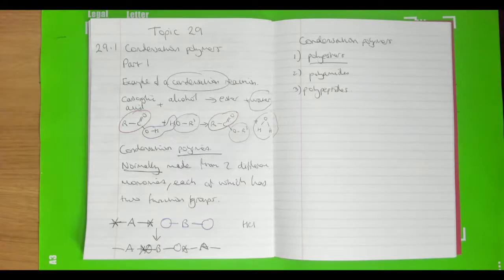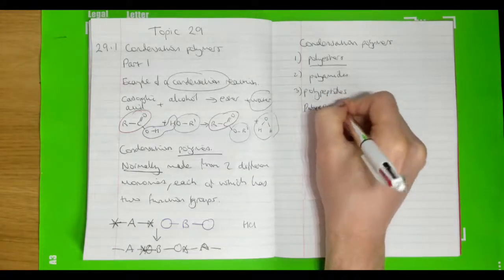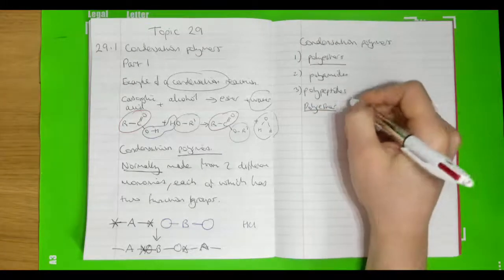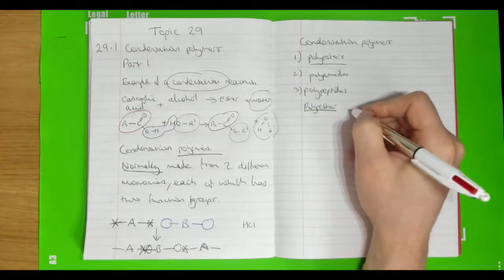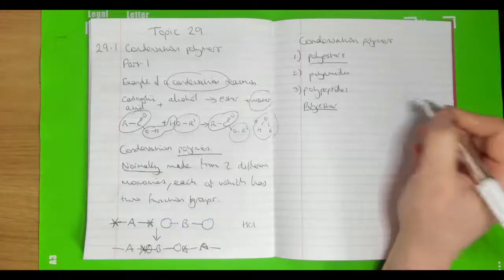Okay, a polyester has something called an ester linkage. And the ester linkage links all the monomers together, and that repeats over and over again between each monomer to make the polymer.